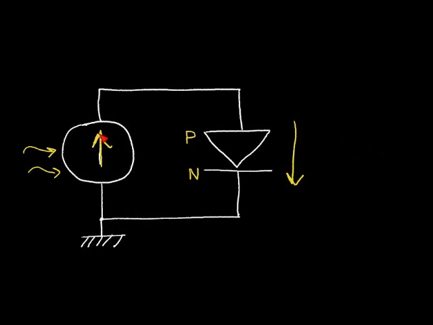We have a current in this direction associated with this current source, caused by the photons hitting the solar cell, but we also have a current flowing this way in the diode. So why do we have two currents associated with this diode? We just have one diode, but two currents. What's going on here? Let's investigate this a little more.